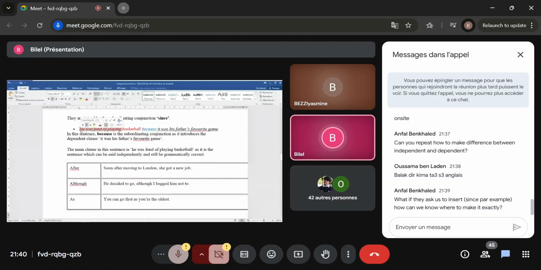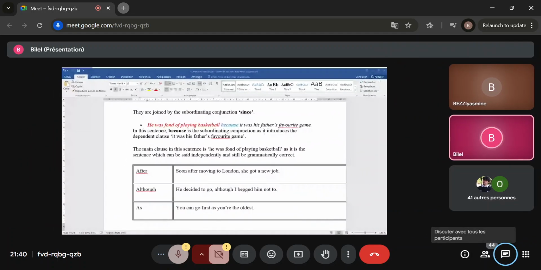Is it clear so far? Yes, what if they ask us to insert since? How can we know where to put it exactly?